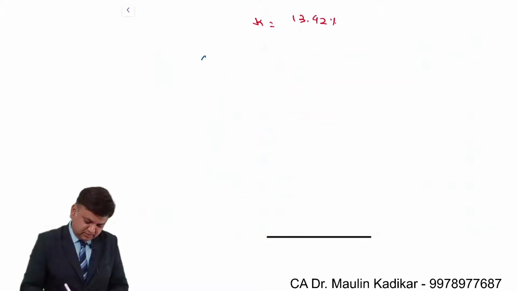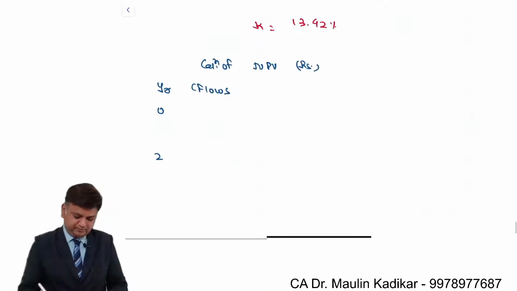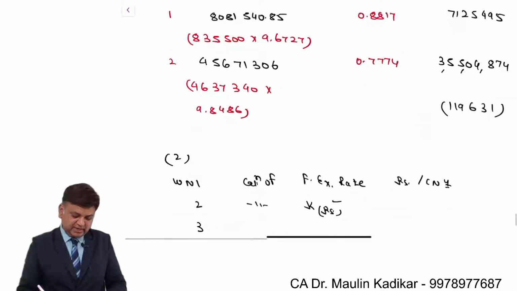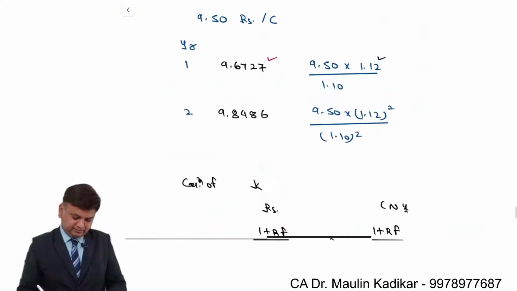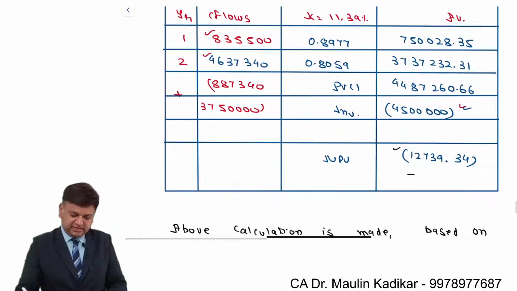Next, calculation of NPV in rupees term. Year 0 and directly second year. Year 0 cash outflow is an amount of 45 lakhs.